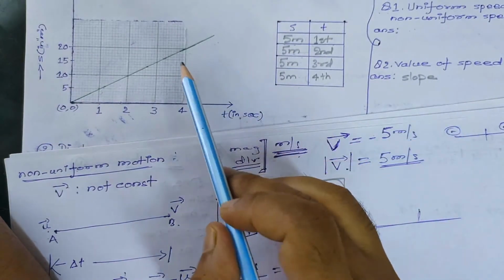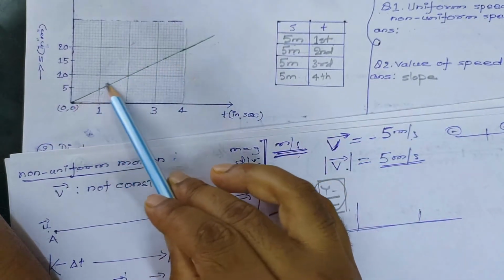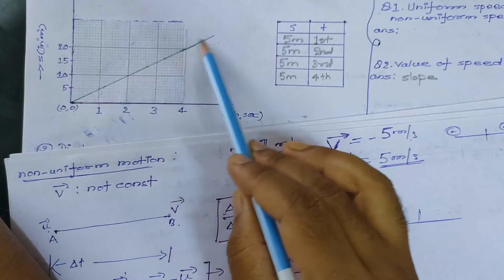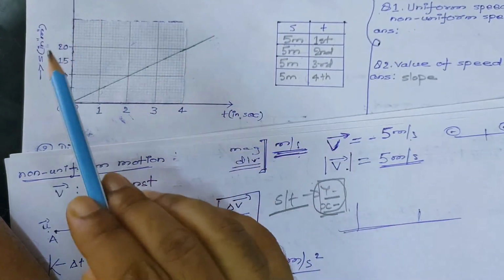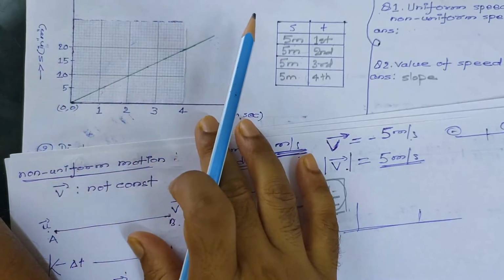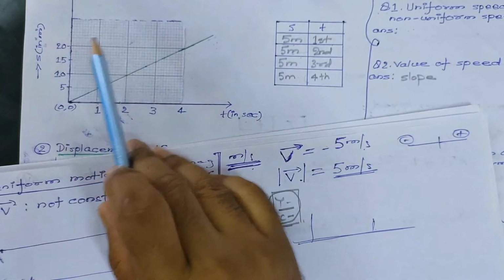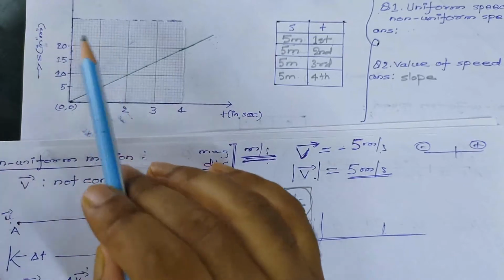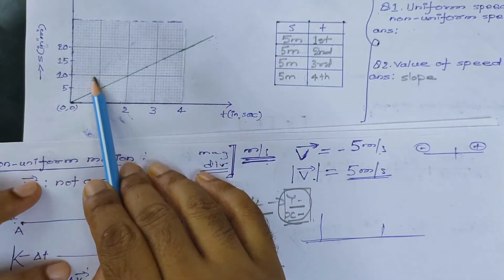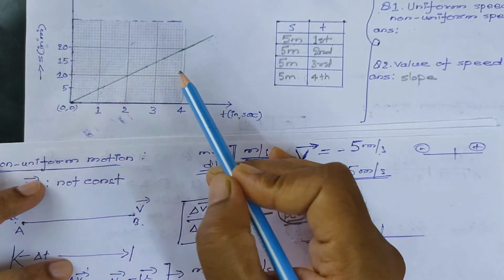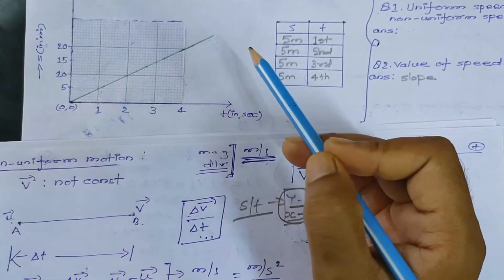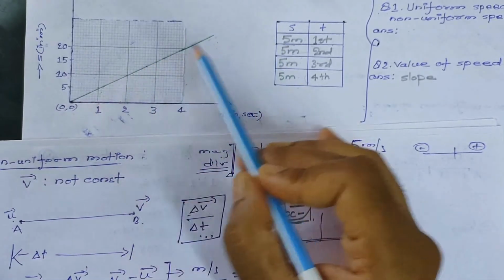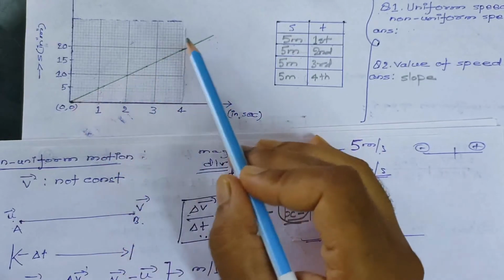The speed is the slope of the curve. Slope of the curve gives us speed if we have a distance time graph available with us. I repeat, if a distance time graph is available, we can calculate speed by calculating the slope of the curve.